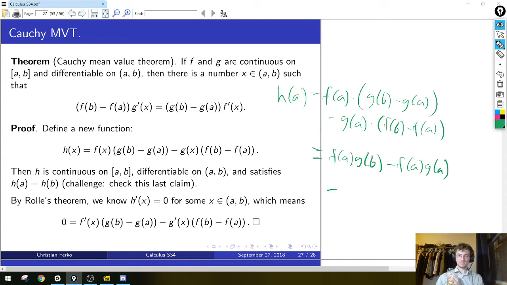Because it's all multiplying by that negative. Oh, so you mean minus in parentheses like this? Yeah, just to make it easier to look at. Okay, it's going to be g of a times f of b minus g of a times f of a, minus g of a, f of a. Okay, that looks good. What cancels now?